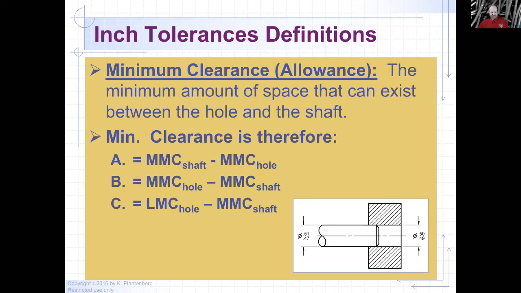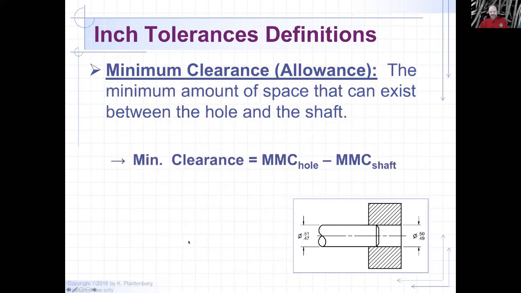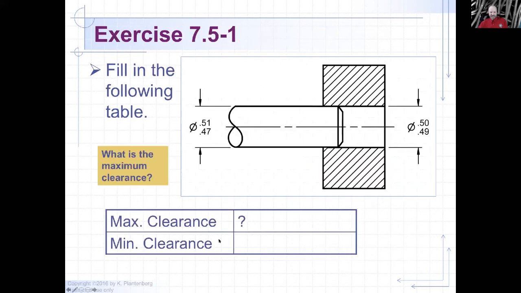Okay, B. Everybody's saying B. Minimum material condition for the hole means the hole's the smallest, and minimum material condition for the shaft. So that's the minimum clearance that's allowed. Now for this one, what's the maximum clearance in the number?